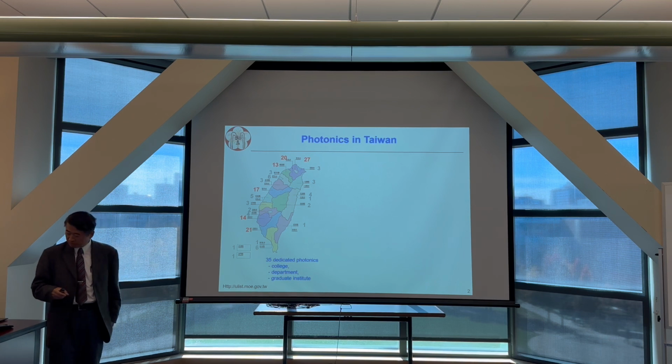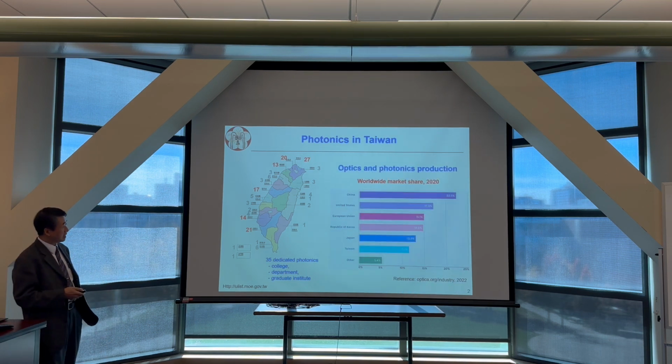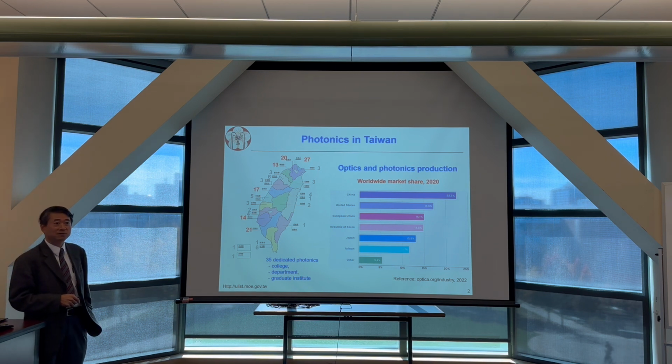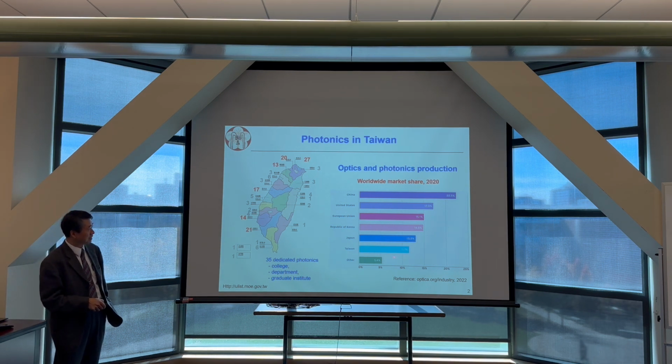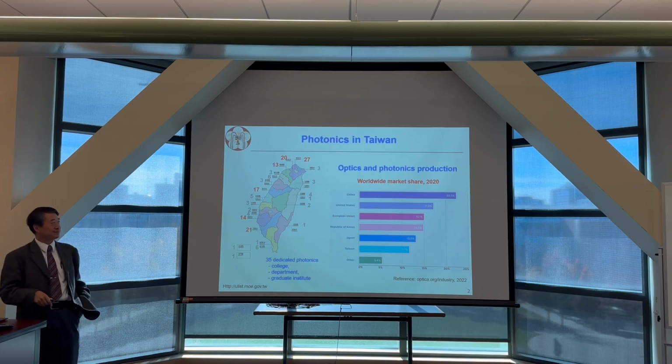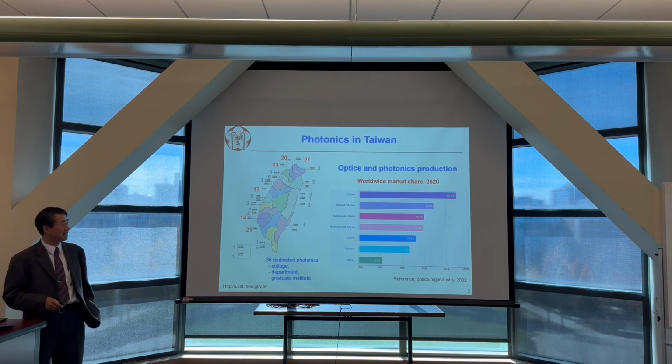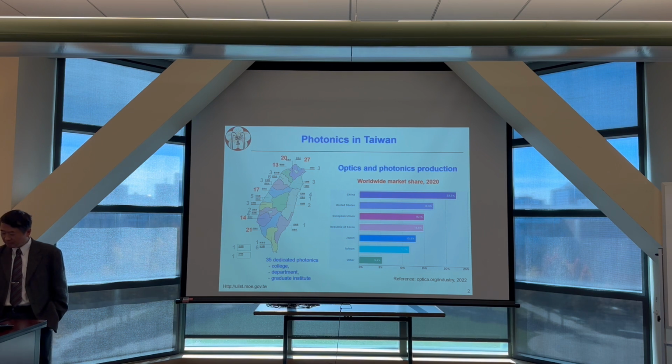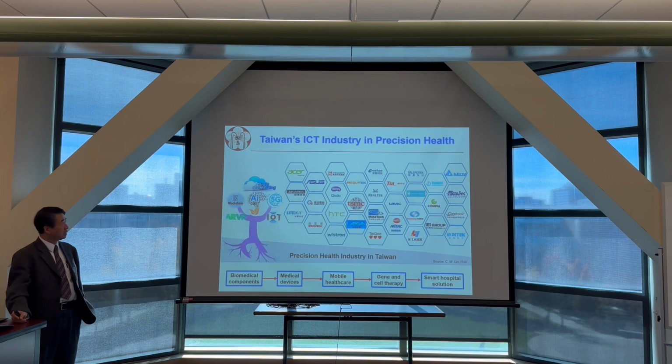I got this table from Optica last year. It shows the worldwide optics and photonics production market share. Even though Taiwan is a small island, we cover more than 10% of the worldwide market share. I think one reason is that these days people know that in Taiwan we have TSMC. But we have more than TSMC.